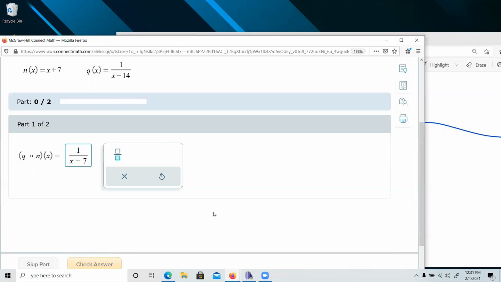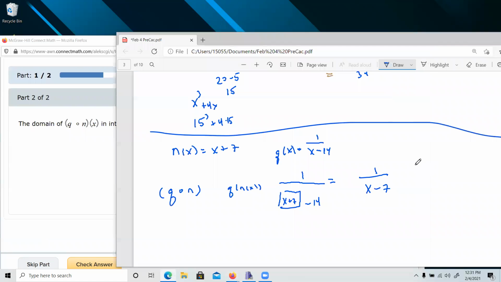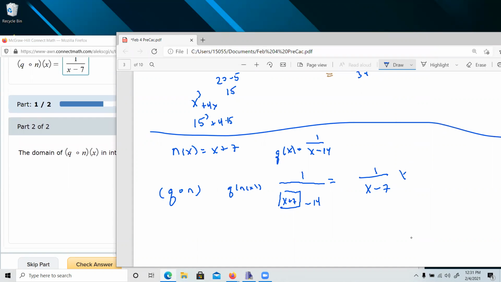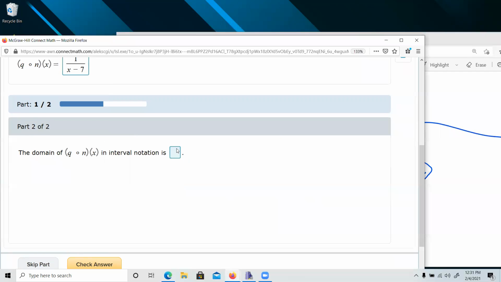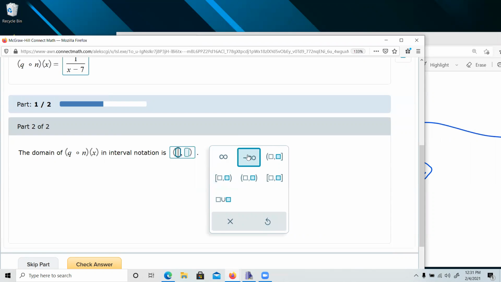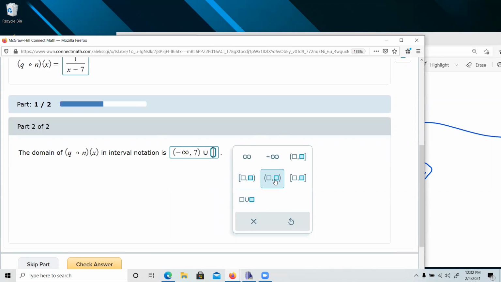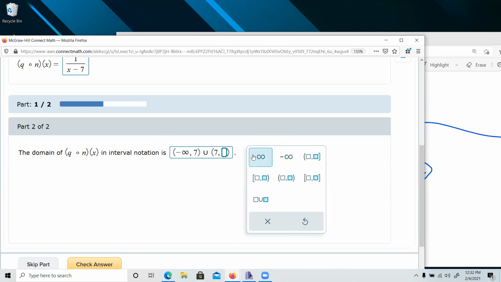Now, they're going to ask us for the domain next. You're going to love this. You have to take the most restrictive of everything that happened. You might think, isn't it just x equals 7? No, it's not going to be x equals 7. It's going to be a union ending with 7 off to infinity.